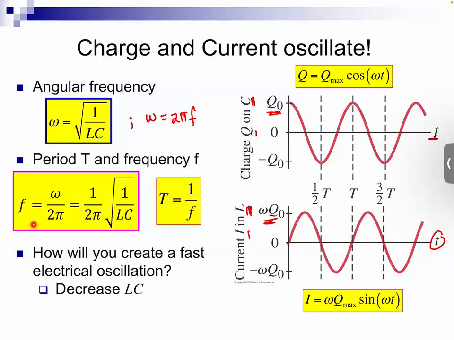Hence, we have the normal frequency being related to the inductance and capacitance. And just a further definition, period is the inverse of frequency. So these are some definitions relating different quantities: angular frequency, normal frequency, and period.